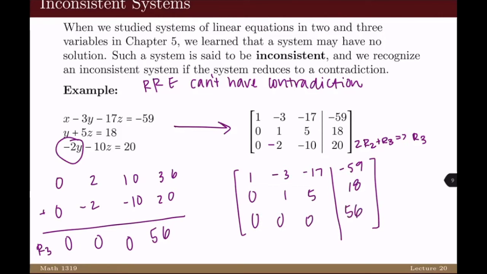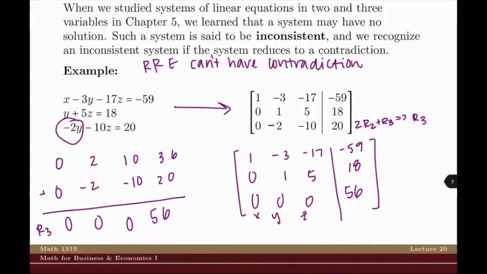So what's wrong with this is that each of these represent x, y, and z, right? So that means this is saying that 0x plus 0y plus 0z equals 56, which would imply that 0 equals 56, which is false, right?